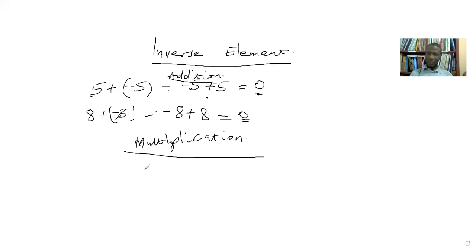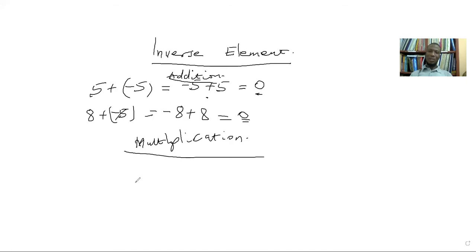Good. For multiplication, we want a number that when we multiply with another number, we get the identity element for multiplication, which is 1.